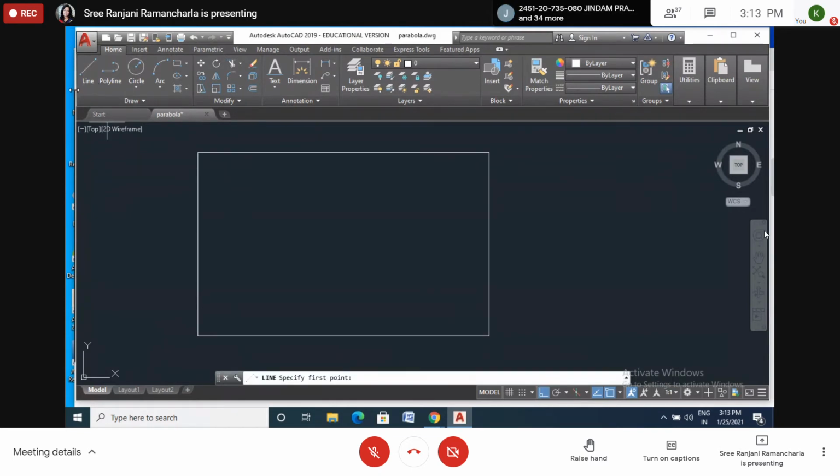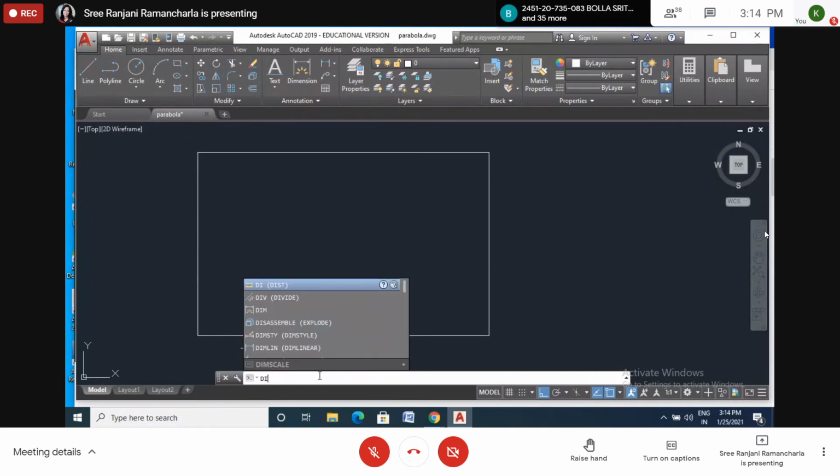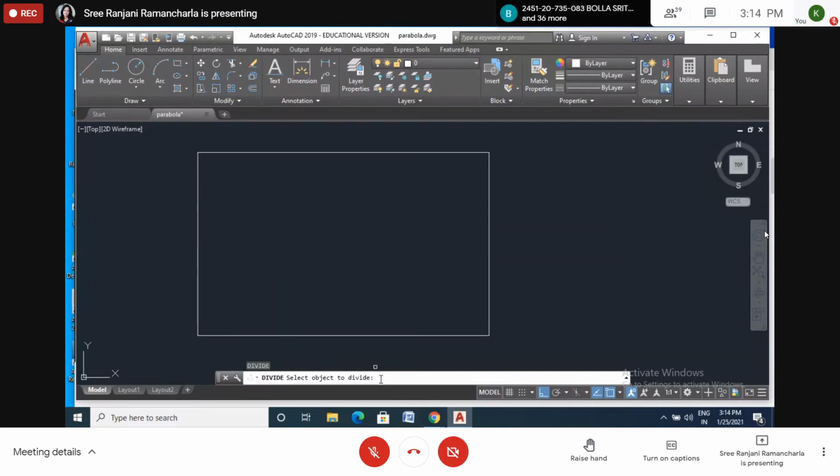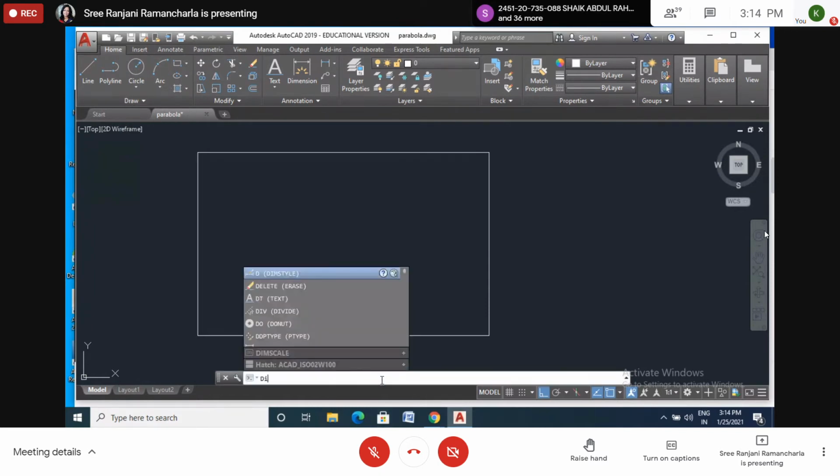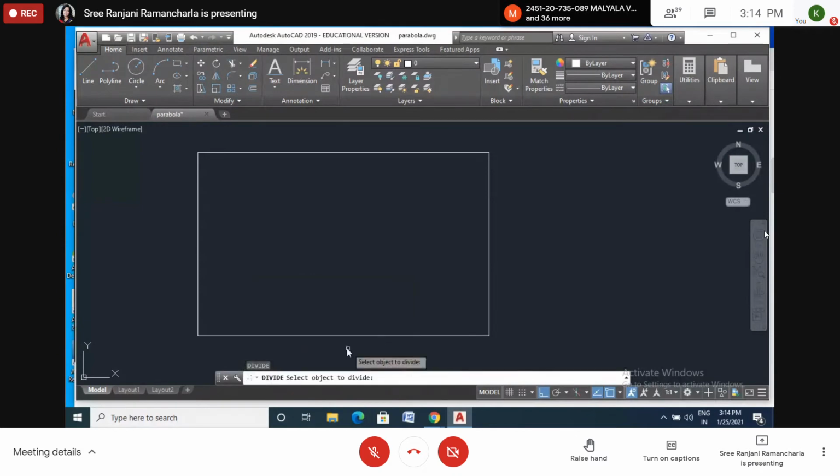So this one I will copy here. 4 divisions means I will divide, select the object, then here 4.